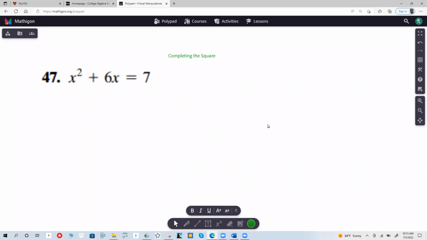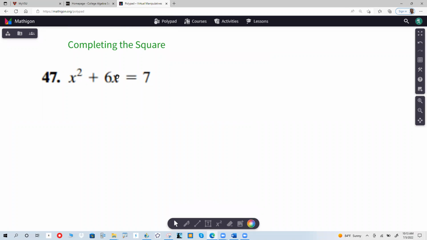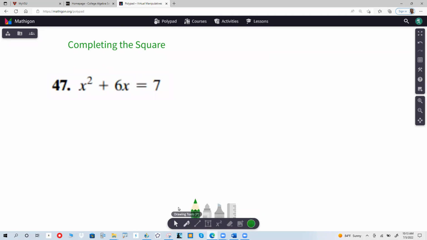Remember, when we use the square root property, we had a square somewhere. I want to have a square that involves everything on this side. That's my goal.